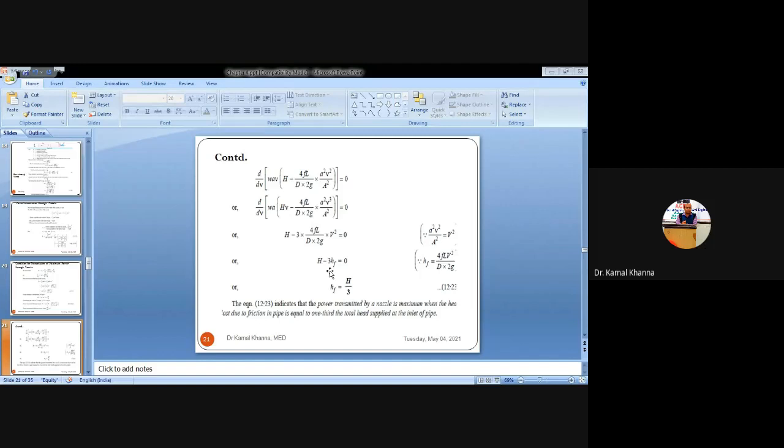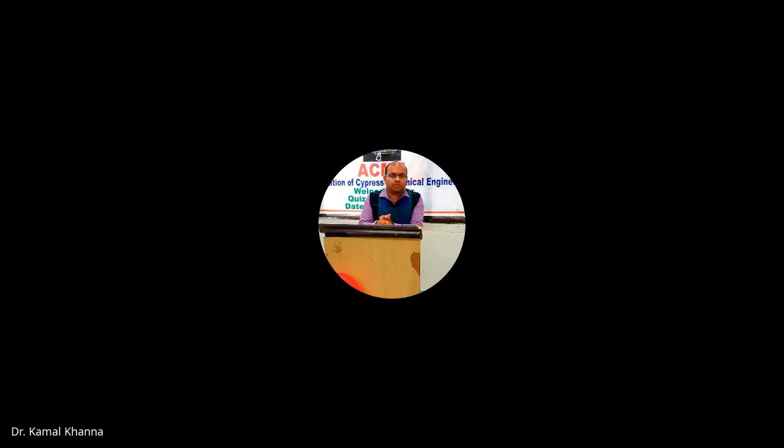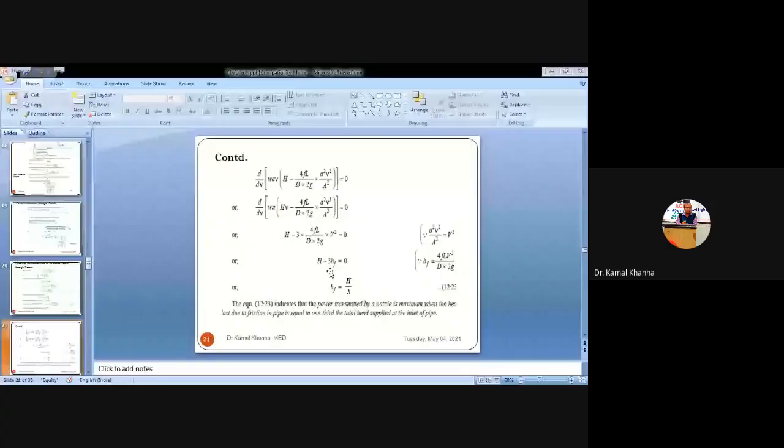What this indicates is that if you want to transmit the maximum power using any nozzle, then the loss of head in the pipe due to friction must be one third of the total head that is being supplied at the entry of the pipe. I am coming back to the previous slide.